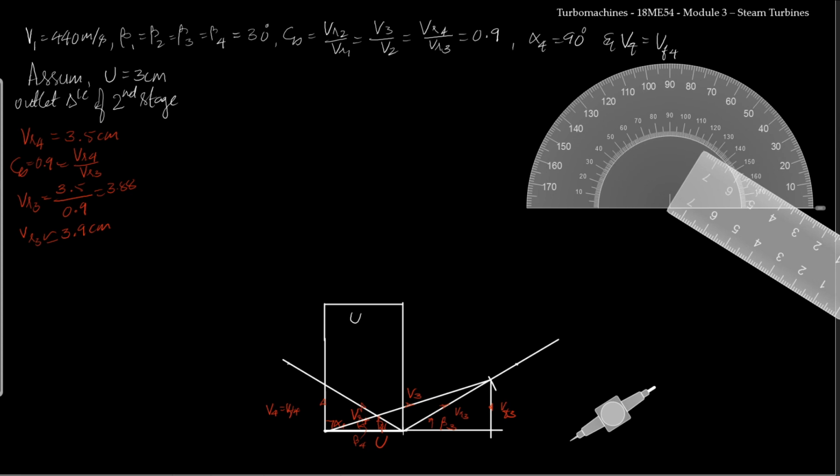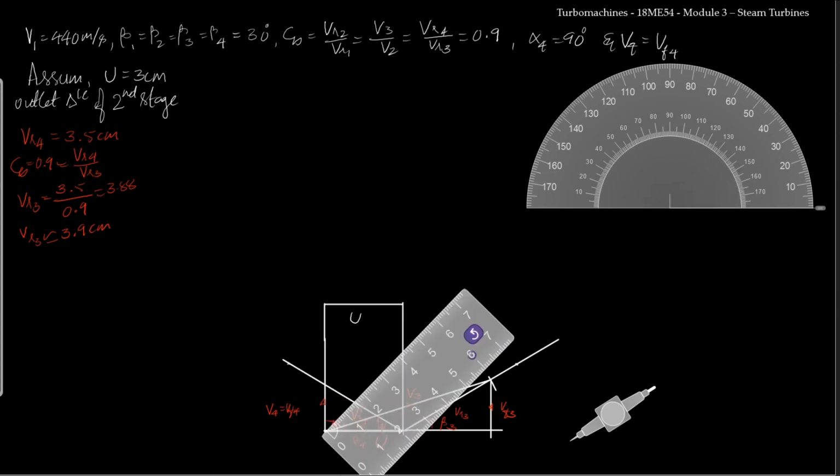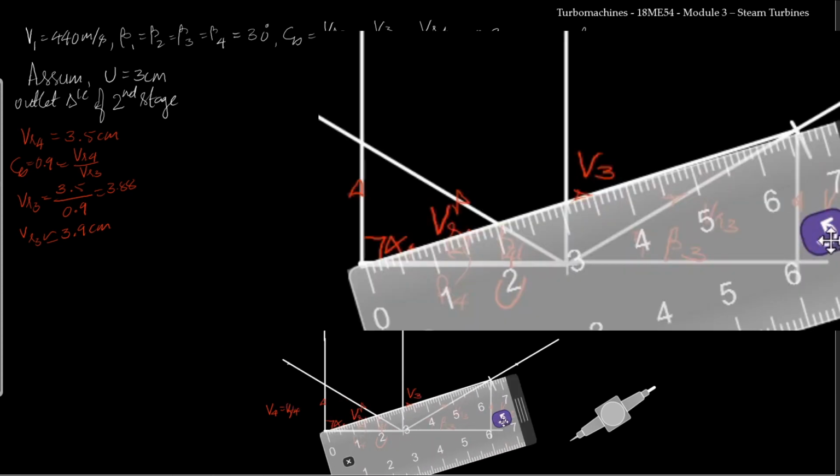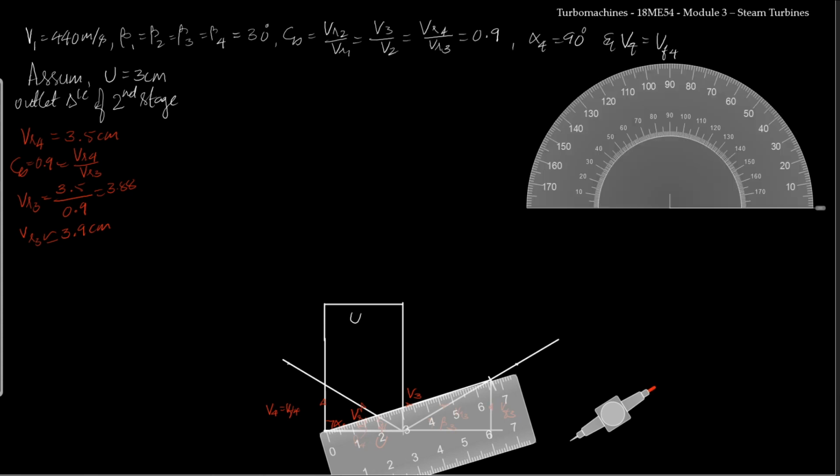So this is the U for the inlet velocity triangle. Now I need to start with the outlet of the first stage. So to construct the outlet velocity triangle, I know the relation between V3 and V2. For that, first I need to measure the length of V3. The length of V3 is approximately 6.6 centimeter.